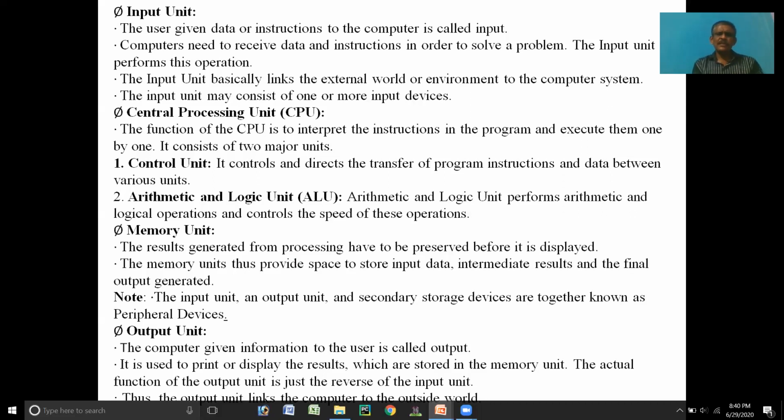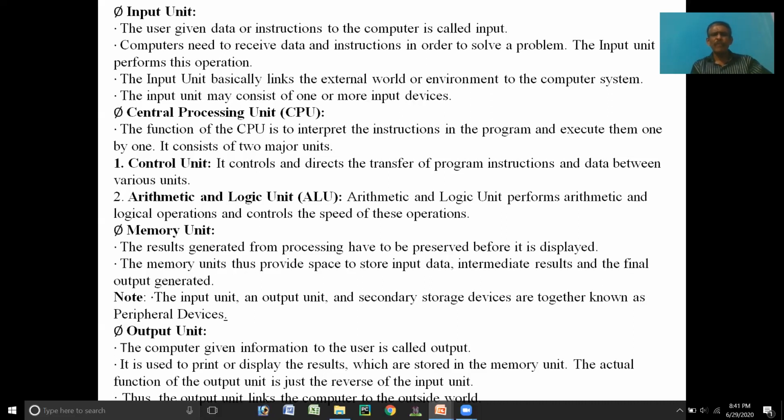Then the third unit of the CPU is the memory unit. The results generated from processing have to be preserved before they are displayed. Suppose I want to perform the addition of two numbers, 2 plus 2.